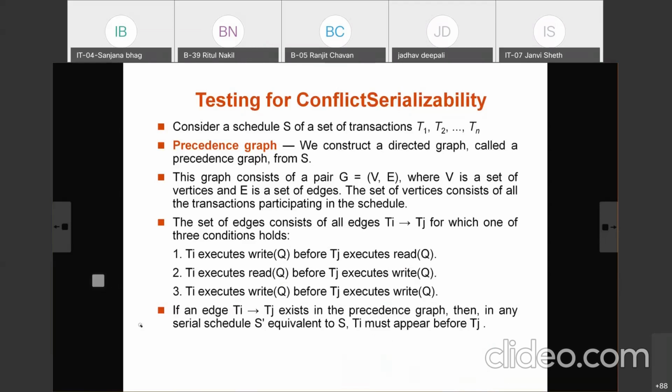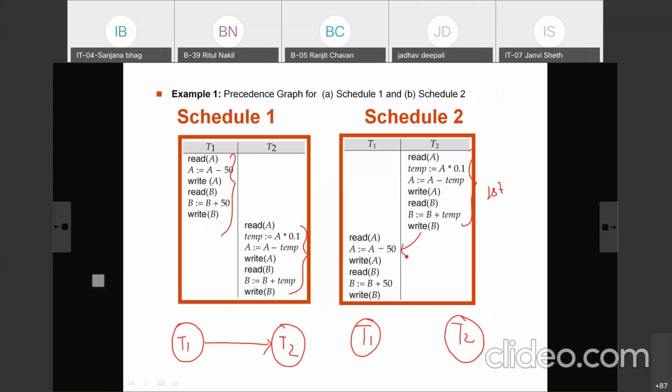In this other case also there are 2 vertices T1 and T2. All the instructions of T2 execute first and then all the instructions of T1, so there is an edge from T2 to T1. Simple, it's a precedence graph. In this way we can draw.